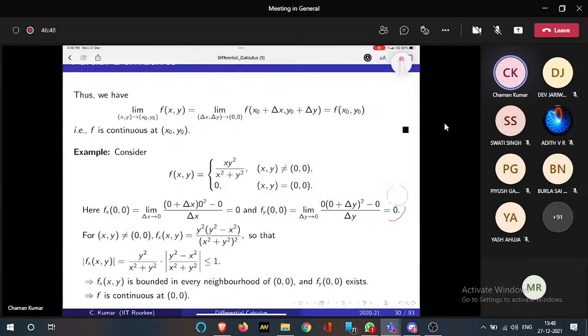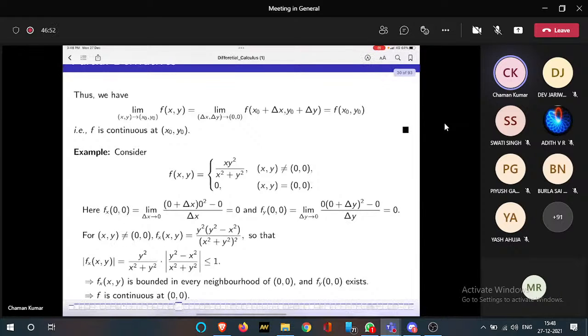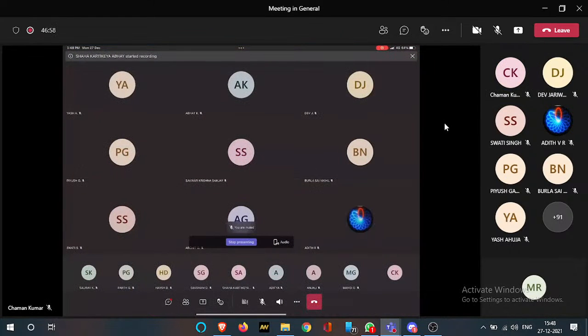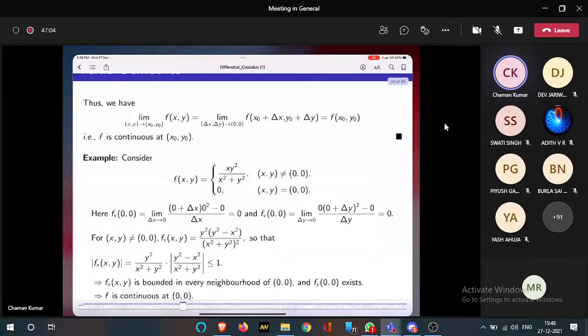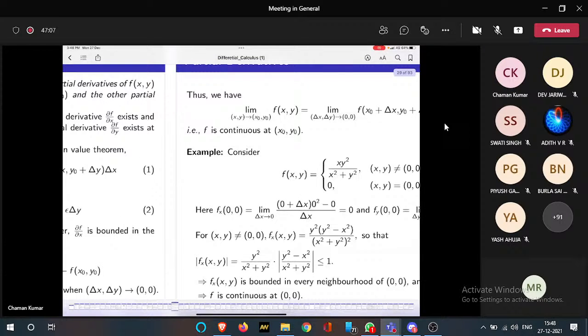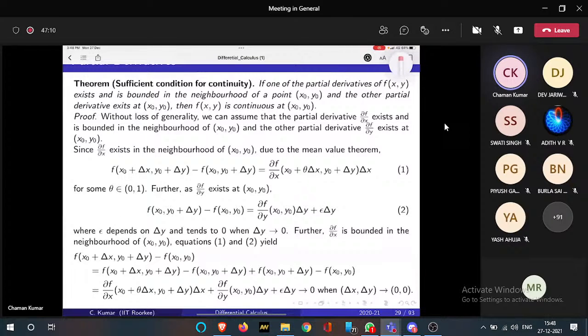Now both the partial derivatives exist at this point. Now we have to check the other condition. What is the condition?